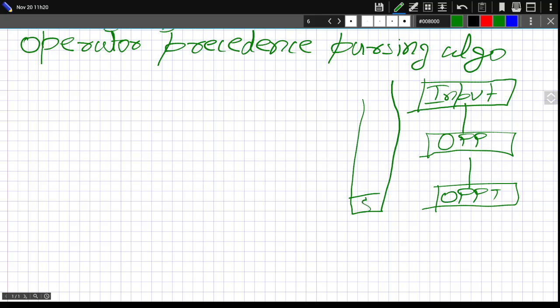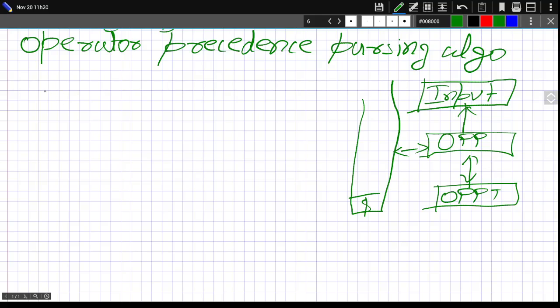So this stack will also be used. Whenever we have such algorithms, you remember we have to deal with what is on the top of the stack as well as the symbol in the input stream, right?